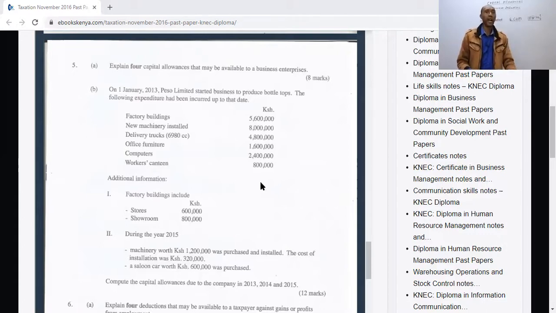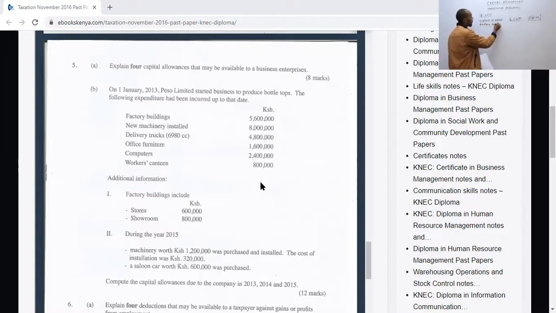So we are going to highlight some of the items which are listed there that fall under investment deductions. The first one is the factory building.